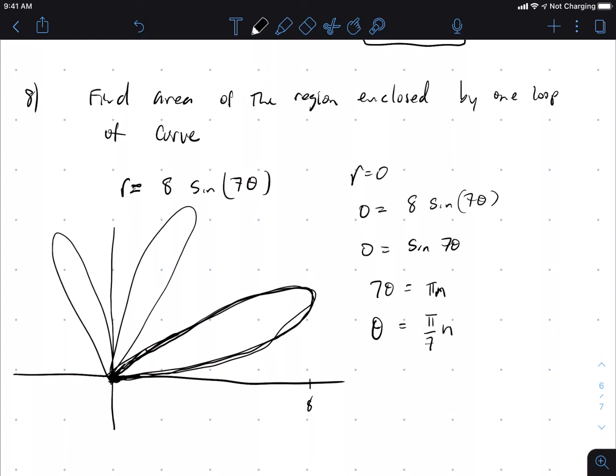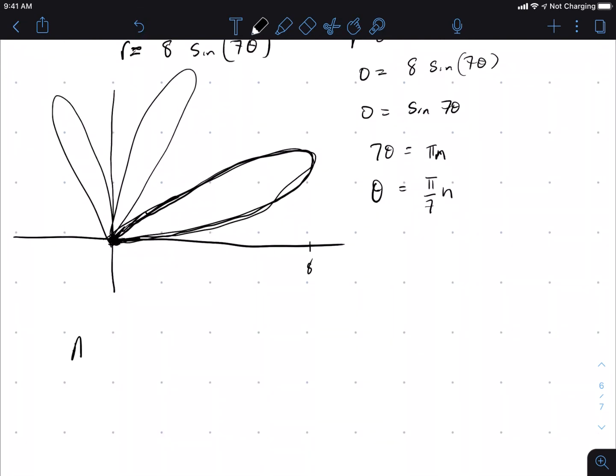And we said the first one was at 0 and the second one was at 1. So the angles that we're going to have for our area for this closed loop is going to go from 0 to pi over 7. Right? Yes. Okay. When we're doing these problems, what was the equation for area? It was the integral of what?